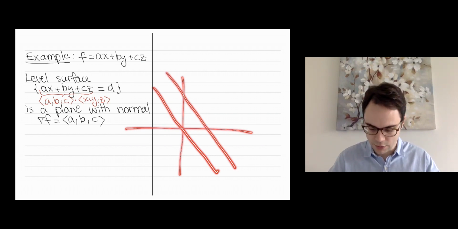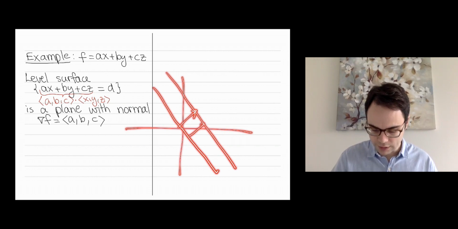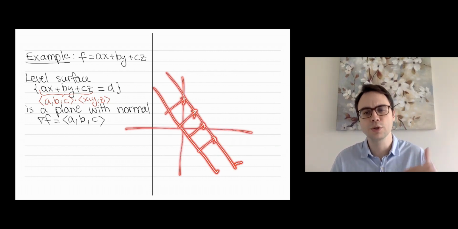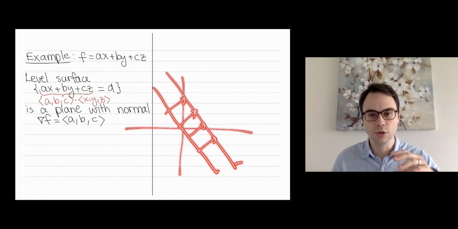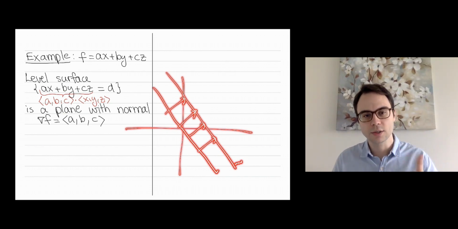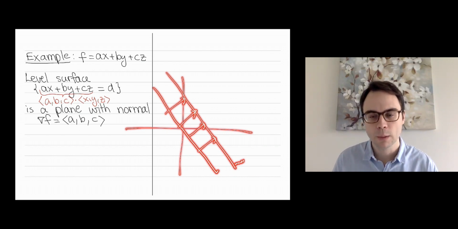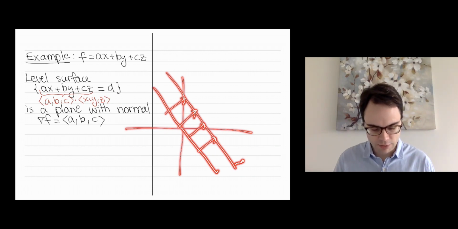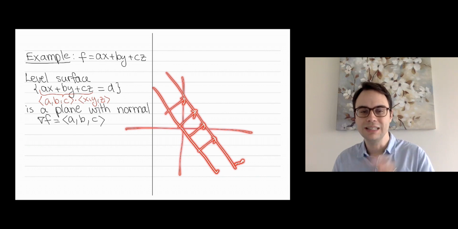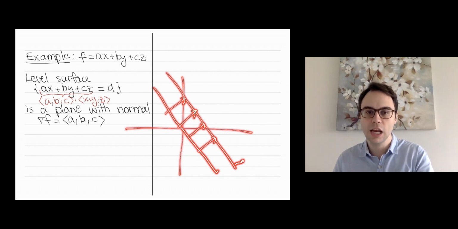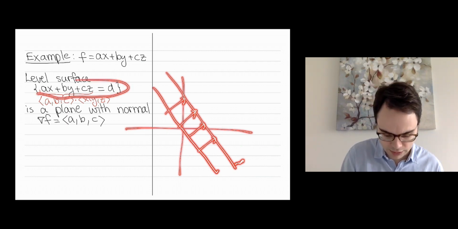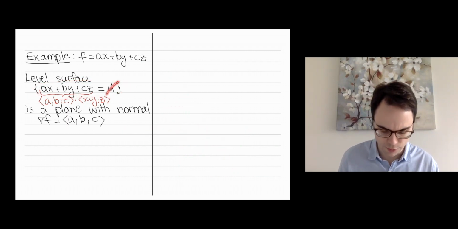For the inhomogeneous equation, all solutions are translates of solutions to the corresponding homogeneous equation. So both planes have the same normal vector, right? So the normal vector of ax plus by plus cz equals D is the same as the normal vector of the corresponding plane through the origin where D is 0.